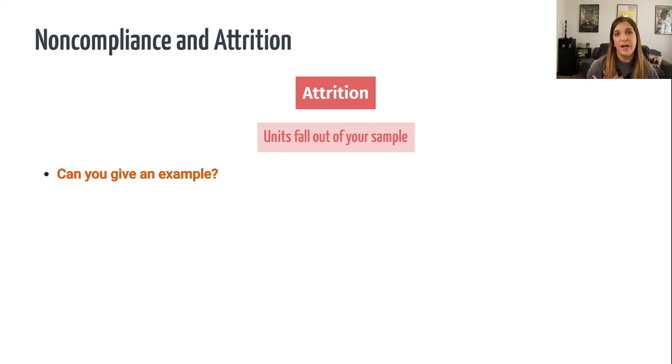What you can do in this case, again, is try to give incentives for people to come back. You don't really care if some people fall out, as long as there's not systematic fallout of your sample. So if in the treatment and the control group you lose 5 or 10% of your sample on both sides, you can assume that they're missing at random. And if they're missing at random, then you again lose sample size, lose power, but you're not getting bias, okay, which is the important part.